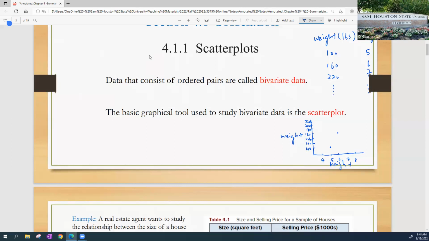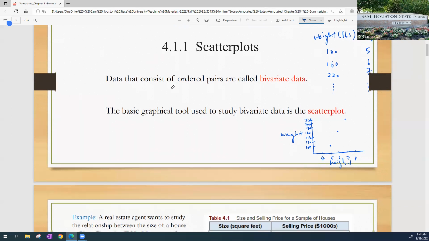And then 7 and 220. So it's right here. So that's the scatter plot. Of course, if you have more pairs of data, we're just going to have more dots in this scatter plot.